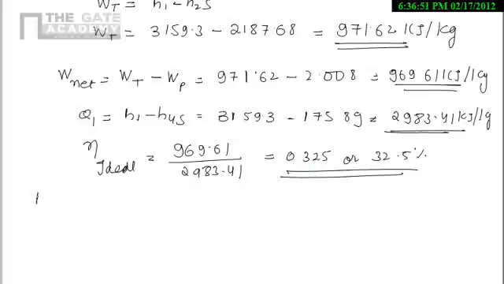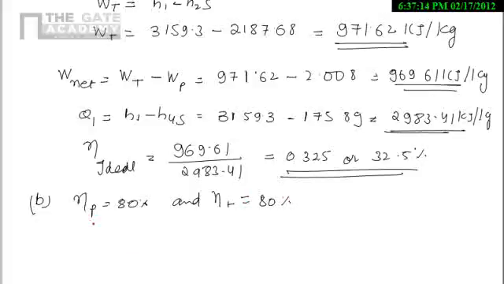Now in part B we have to consider the actual process, in which the turbine and the pump have 80% efficiency. So I can write the efficiency of the pump is 80% and the efficiency of the turbine is also 80%.